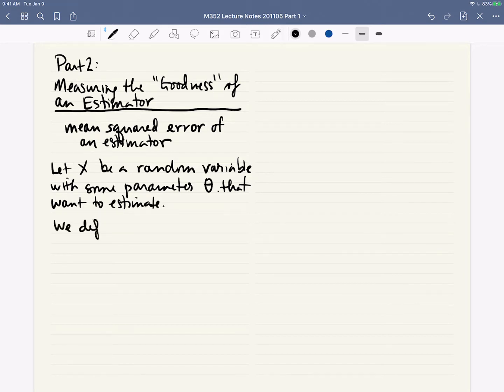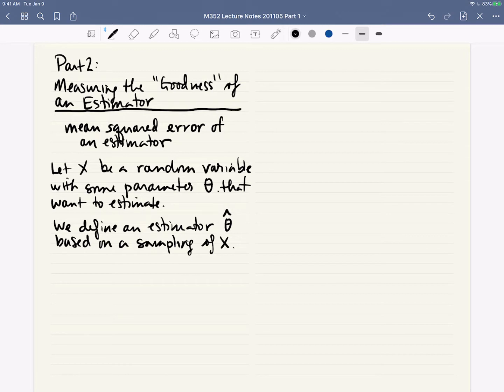Suppose we define an estimator, we'll call it theta hat, based on a sampling of x. And we want to measure how good this estimator theta hat is.